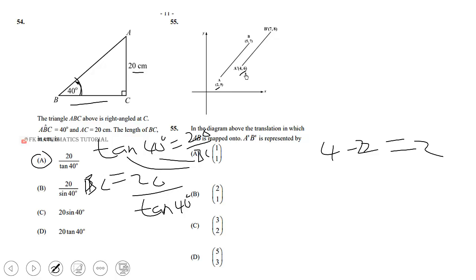The distance there is 6 minus 5, which is 1. So that will be 2, 1. Let's apply 2, 1 to B and see what that will get B prime. So 5 plus 2 will give you 7, and 7 plus 1 will give you 8. So the correct answer is option B.